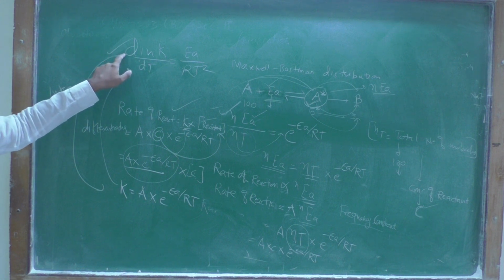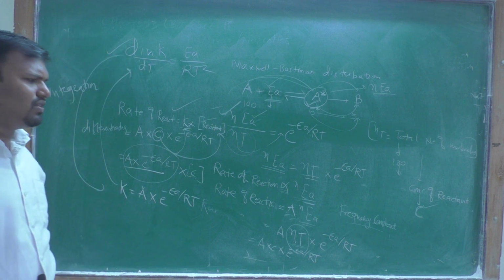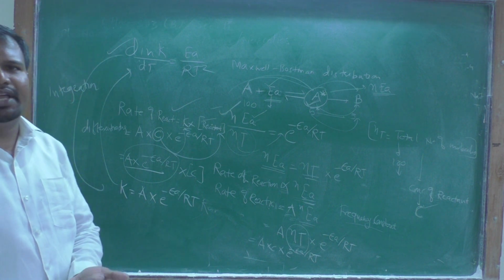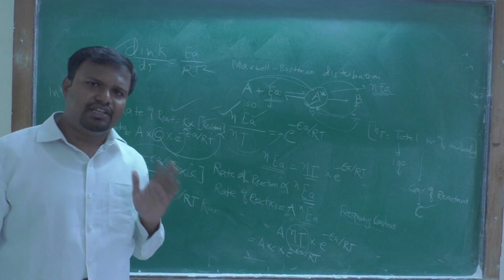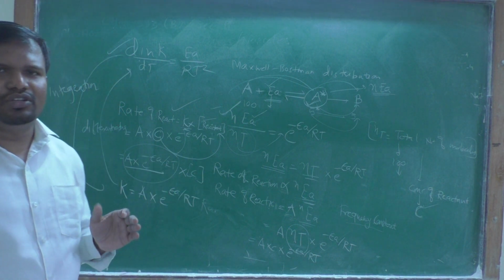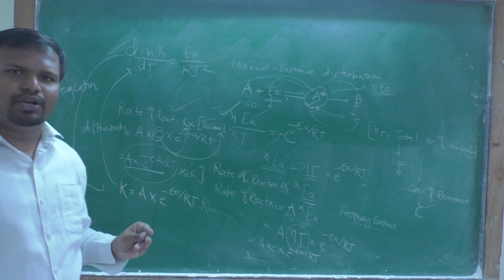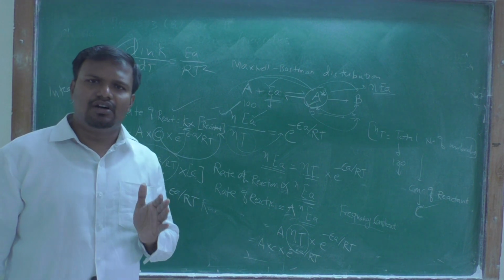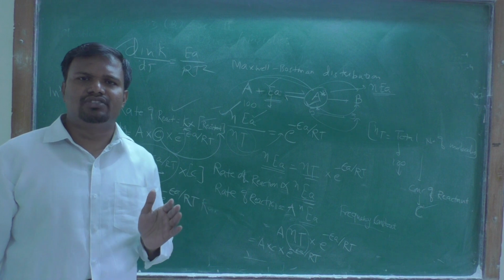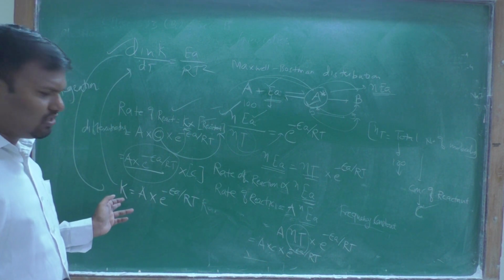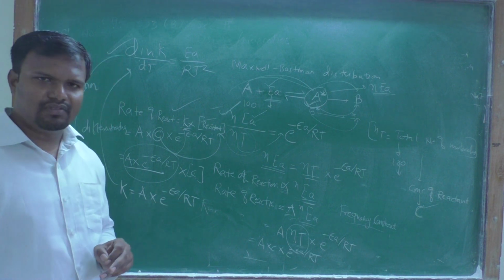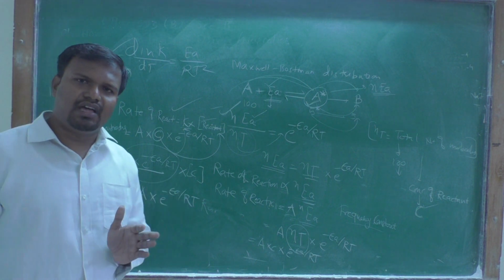This is the first method to obtain the Arrhenius equation, which gives the relation between the rate constant and the temperature.